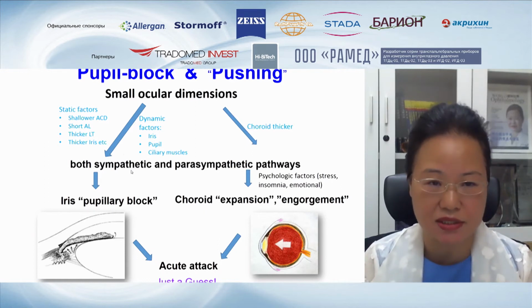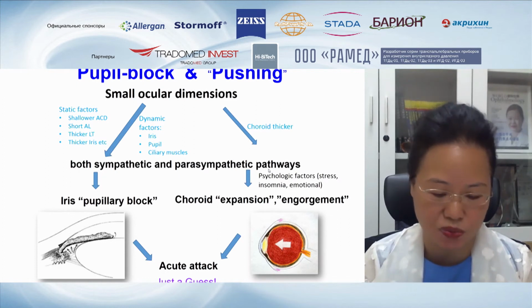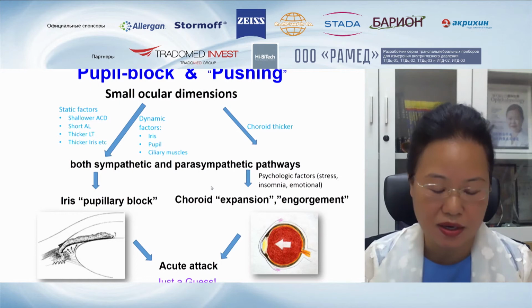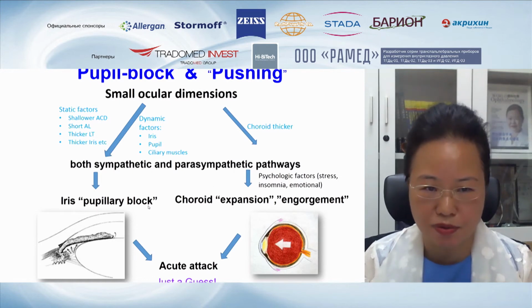The autonomic nervous system, including sympathetic and parasympathetic pathways, may worsen iris pupillary block or choroid expansion and engorgement under certain situations like stress, insomnia, and emotional change, and cause acute attack. Of course, this is just a guess by myself.